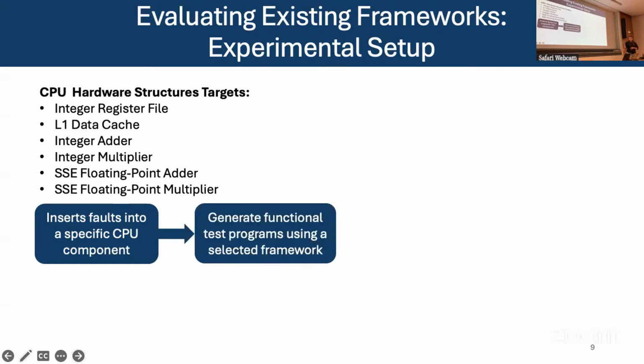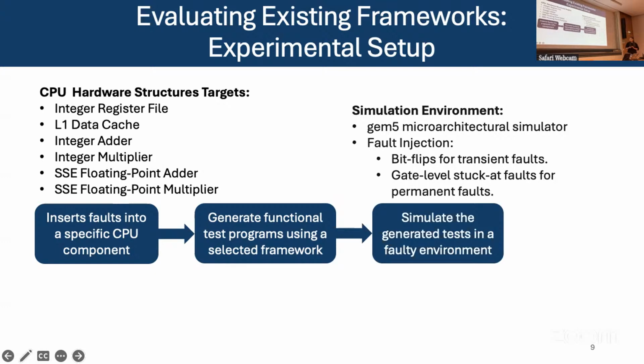Then we are going to generate functional test programs using a selected framework, or just use the already provided ones. Then we are going to simulate those tests in a faulty environment, and for that we are going to use the gem5 microarchitecture simulator. For the fault injector, for transient faults we just insert bit flips, and for permanent faults we have gate-level stuck-at faults. Finally, we classify the outcomes for each test.